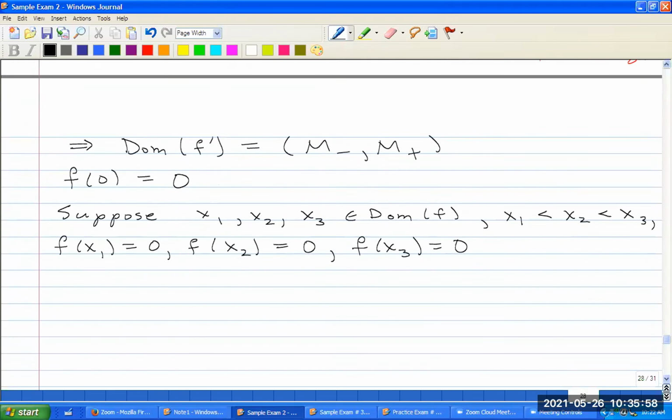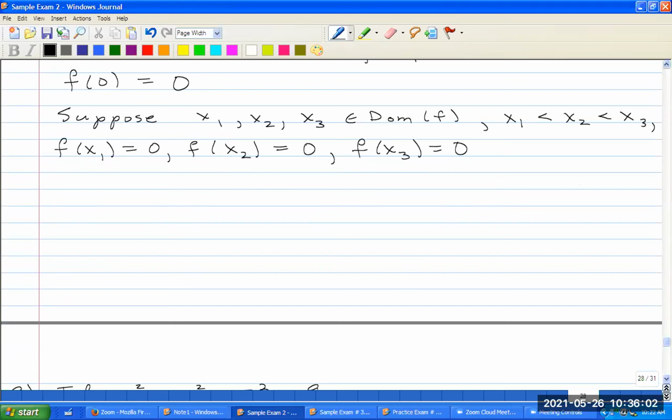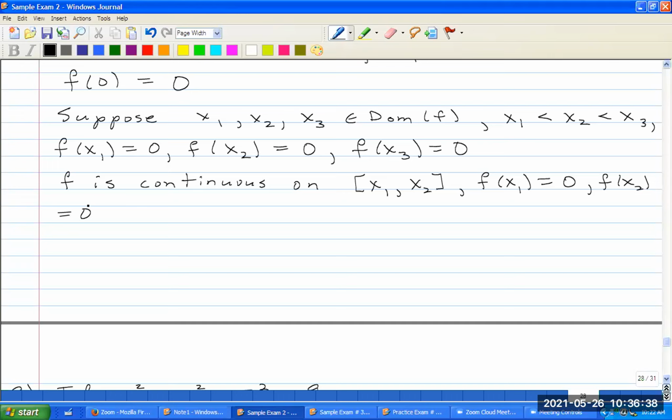The first derivative, so f is continuous on the closed interval x1 to x2, f of x1 is equal to 0, f of x2 is equal to 0, and f is differentiable on the open interval x1, x2.